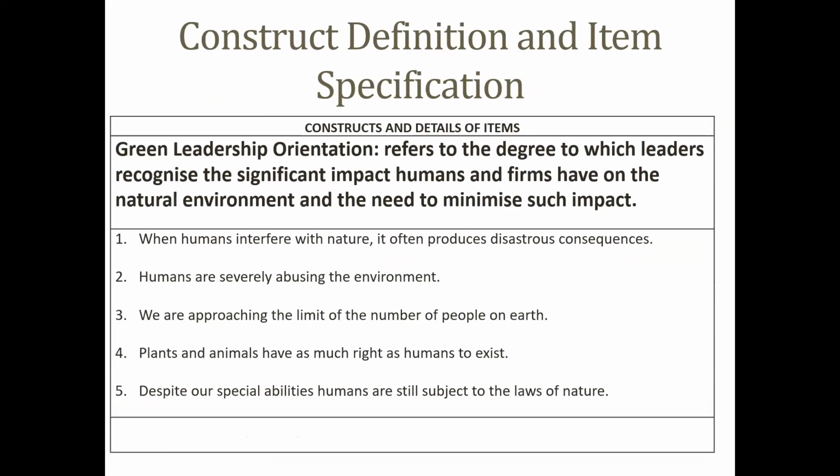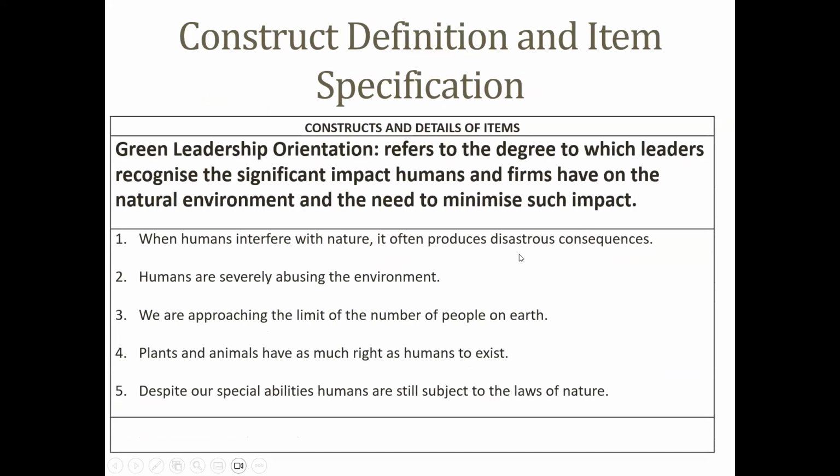So this is our definition for green leadership orientation. It refers to the degree to which leaders recognize the significant impacts humans and firms have on the natural environment and the need to minimize such impact.